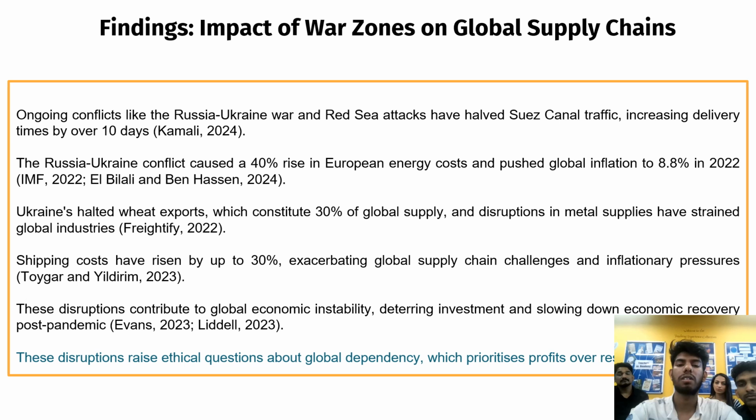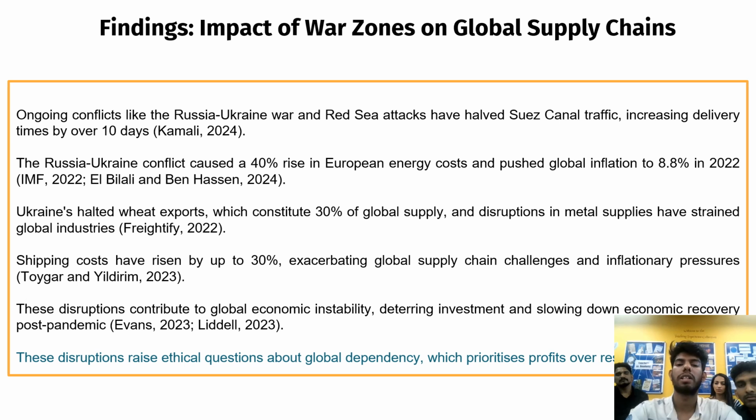The Russia-Ukraine war conflict in particular has led to a sharp rise in energy and food prices. European energy cost has surged by more than 40%, contributing to global inflation, which reached 8.8% in 2022. Additionally, the halt in Ukraine wheat export, which makes up to 30% of global supply, along with disruption in metal supply, has put immense pressure on global industries.